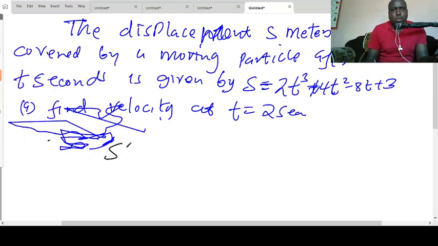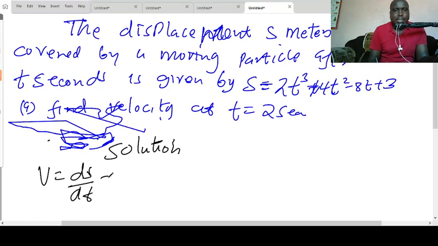So solution. We want velocity when t is equal to 2 seconds. So velocity is equal to ds over dt. So let us differentiate this one.